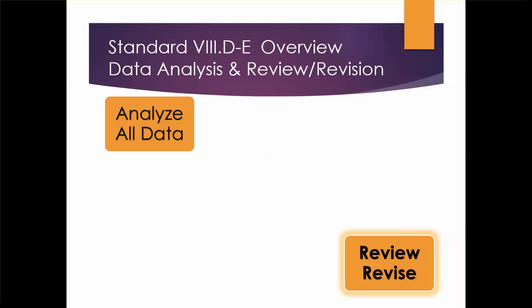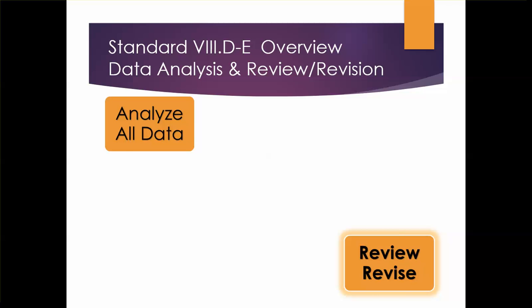Section D and E go together really. And Section D requires analysis of the data. It says that programs have a process for collecting and analyzing the data about the quality and effectiveness of the educational programs and curriculum content.